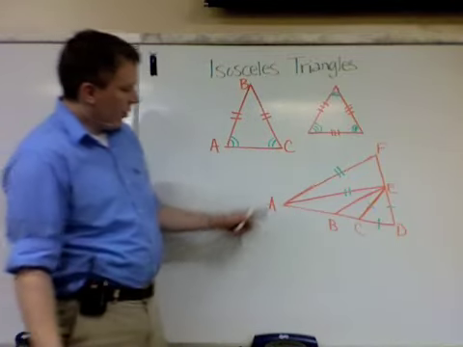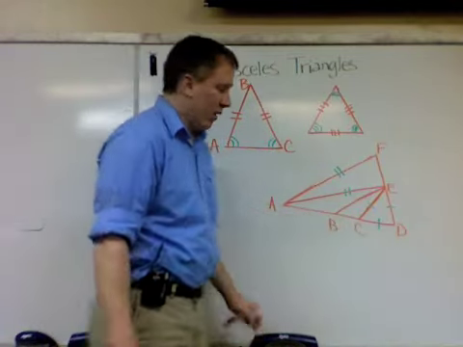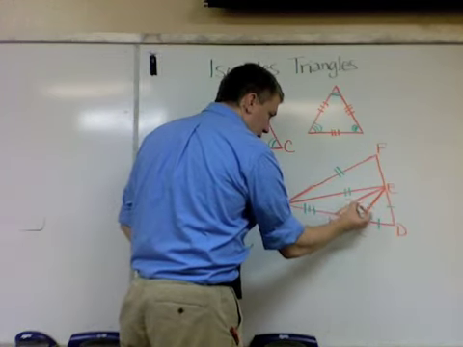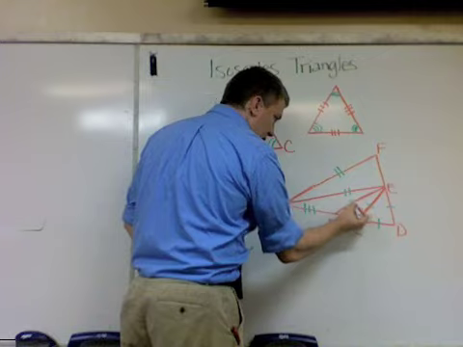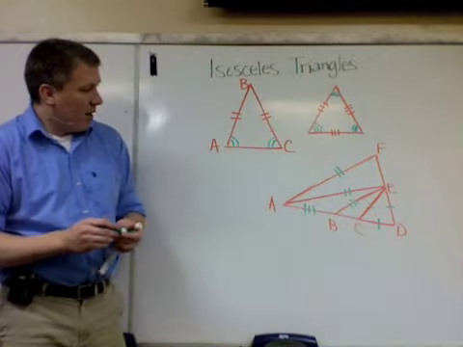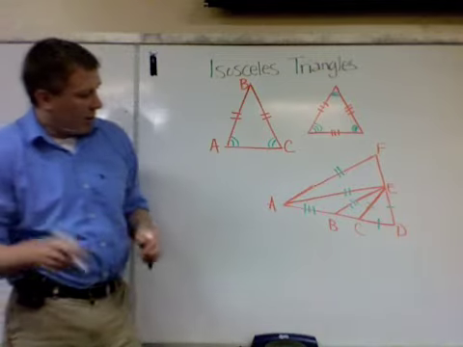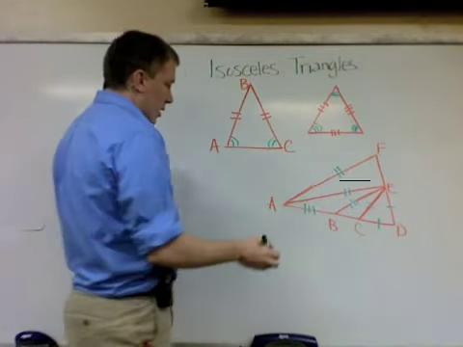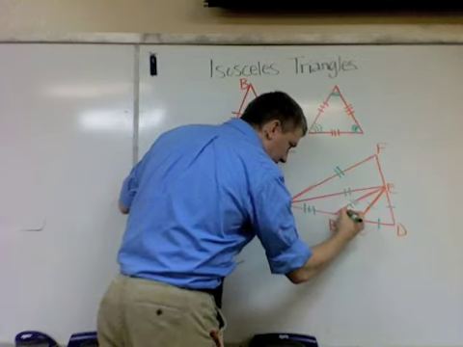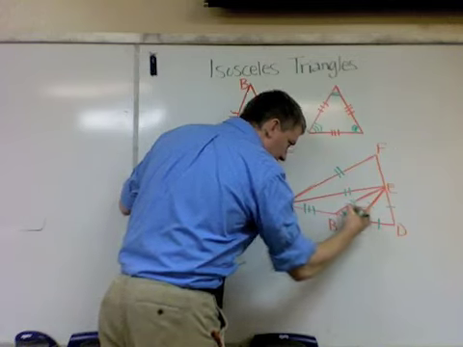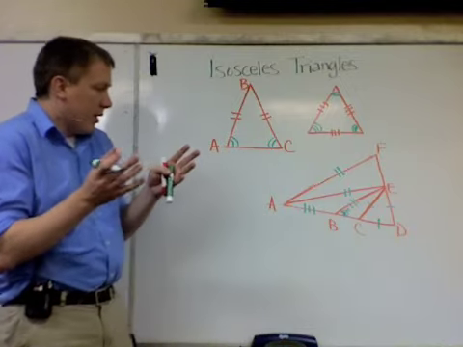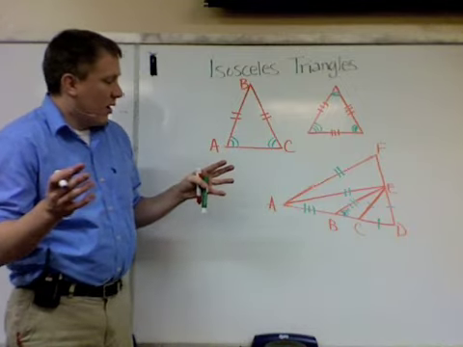And they've also told me that triangle ABE is isosceles, meaning that these two sides are congruent. Now I've got like 1,000 triangles, and then they tell me something like this. They'll tell me that this angle right here is 40 degrees. And now I have to find all the rest of the angles.